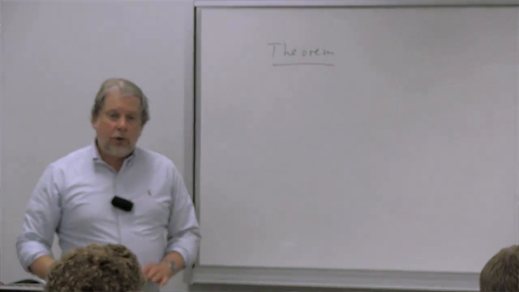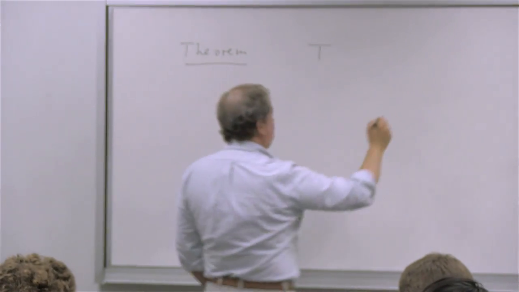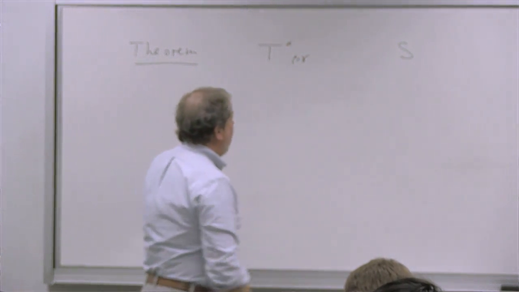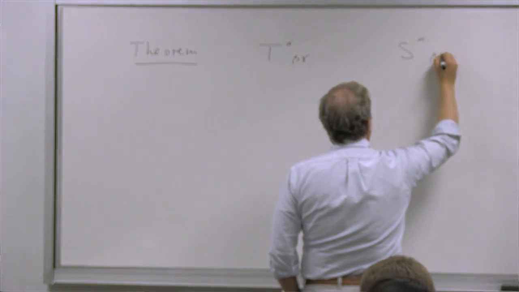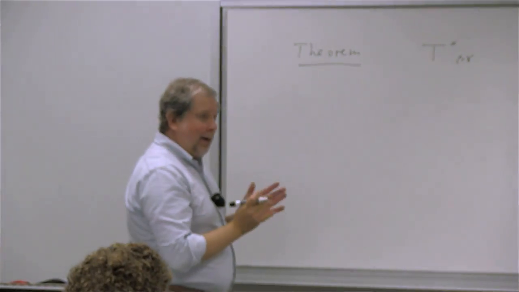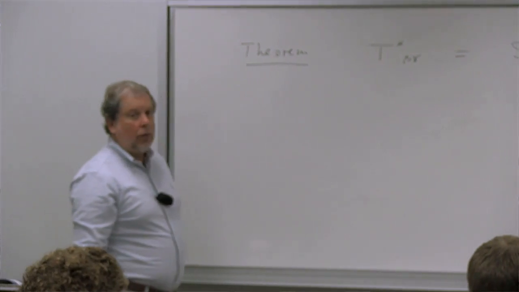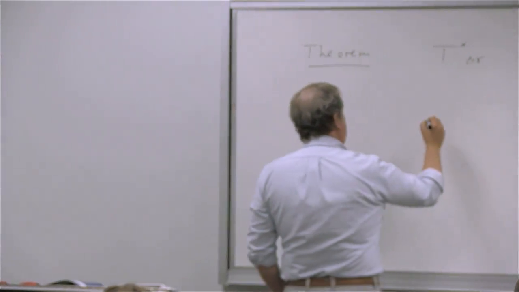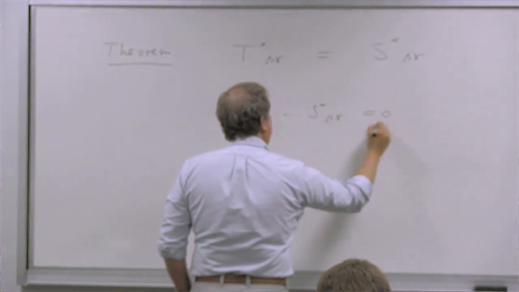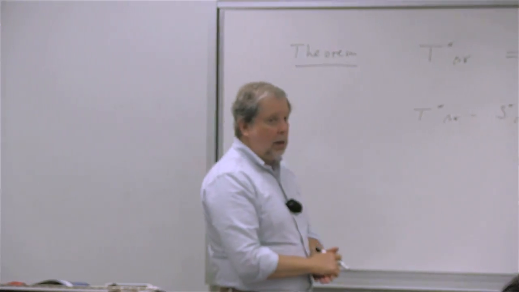The theorem is that if two tensors, which have the same number of indices upstairs and downstairs, so I have these two tensors, and this one has one index upstairs and two indices downstairs, and I have a second tensor here with the same number of indices upstairs and downstairs, and if they are equal in one coordinate frame, then they will be equal in any coordinate frame, because the difference between the two, T alpha beta gamma minus S alpha beta gamma, if that is 0 in one frame, then when you do the Lorentz transformation, it will still be 0 in any other frame, which means the two tensors will be identical.